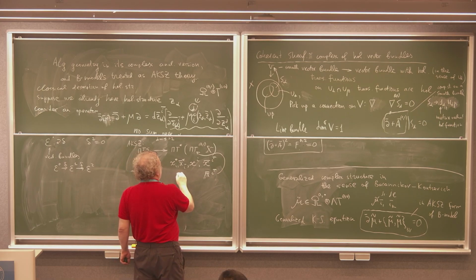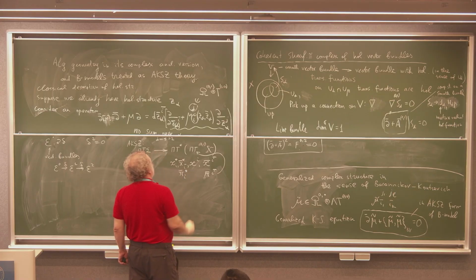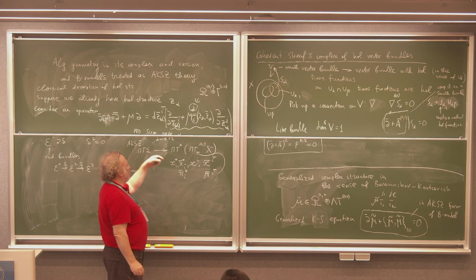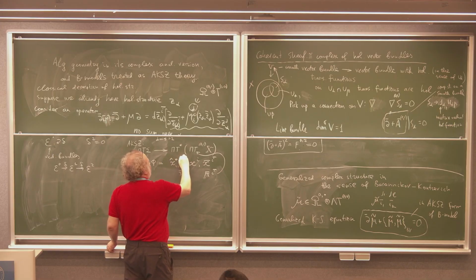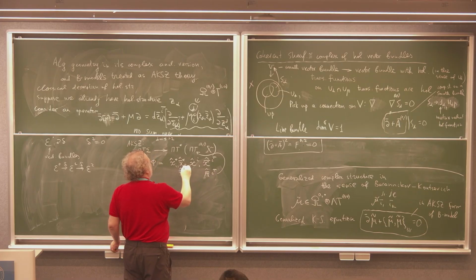And of course I have anti-field. And since I'm mapping PT sigma here, my fields would be all of these with the hats.